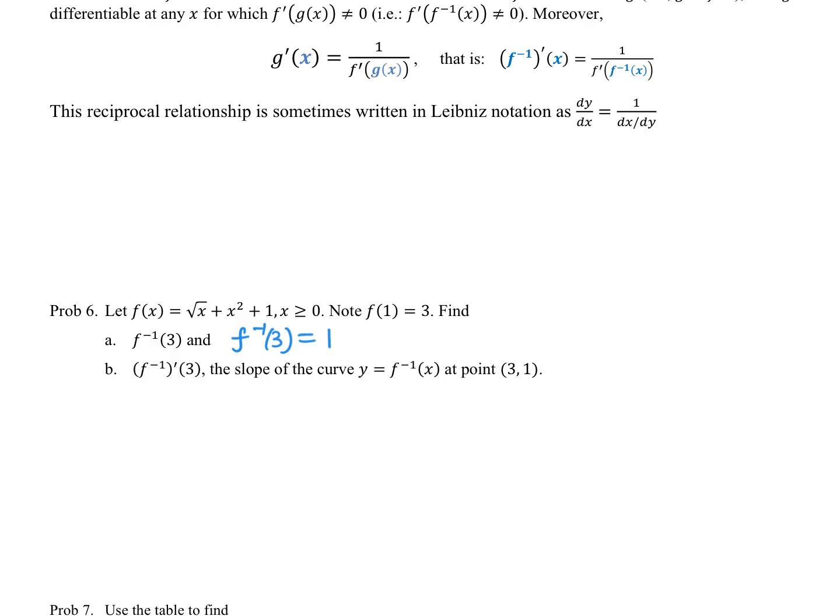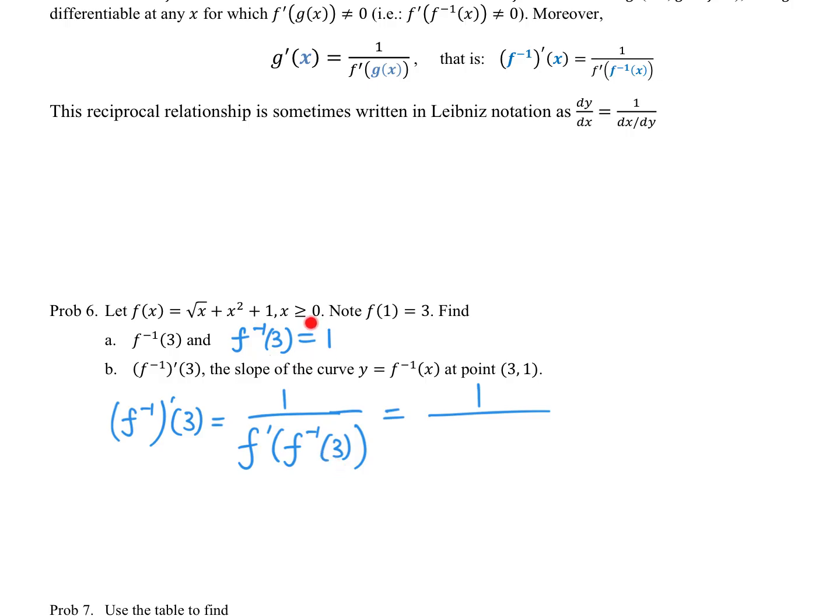That's the inverse. Now let's find the derivative of the f inverse at 3. According to the theorem we just introduced, this is equal to 1 over f prime of f inverse of 3. And by the way, what is f inverse of 3? It is the x value such that f of this value is equal to 3, right?